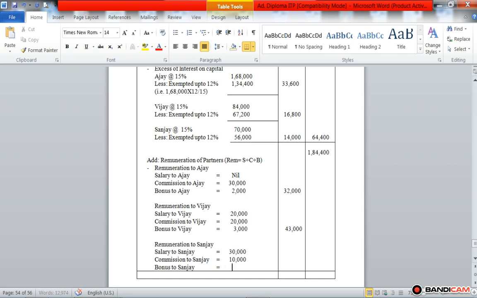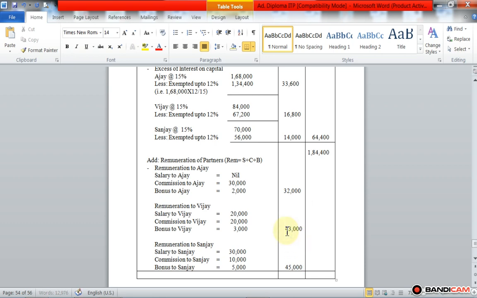So the total remuneration given to Sanjay amounted to rupees 45,000.